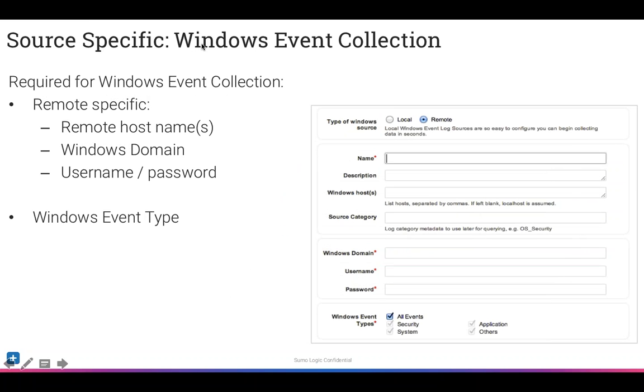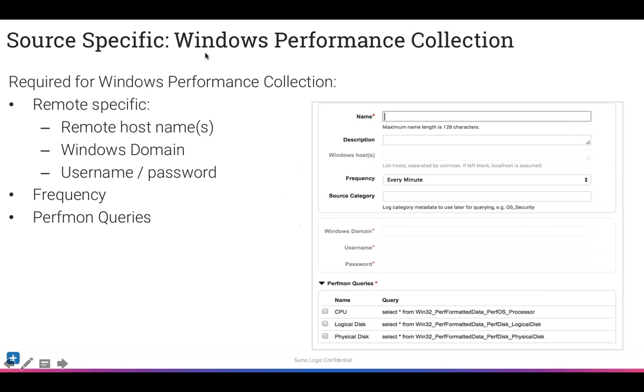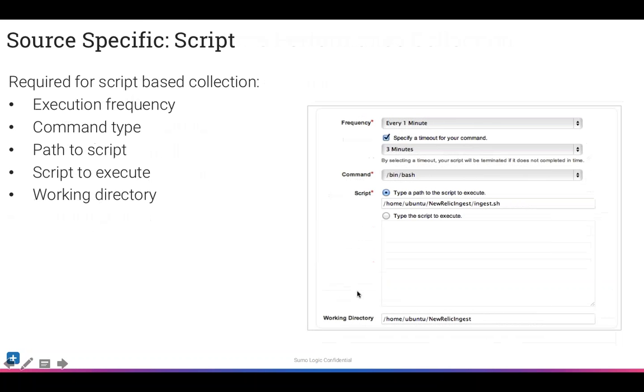If I'm doing a Windows event collection source, then I'm going to be asked for the remote host names. I'm going to be asked for the Windows domain. I'm going to be asked for a username and password as well. If I am creating a Windows performance collection source, I'm going to be asked again for the remote host, the Windows domain, how frequently I should be getting that data, the different performance queries that I might want to choose.